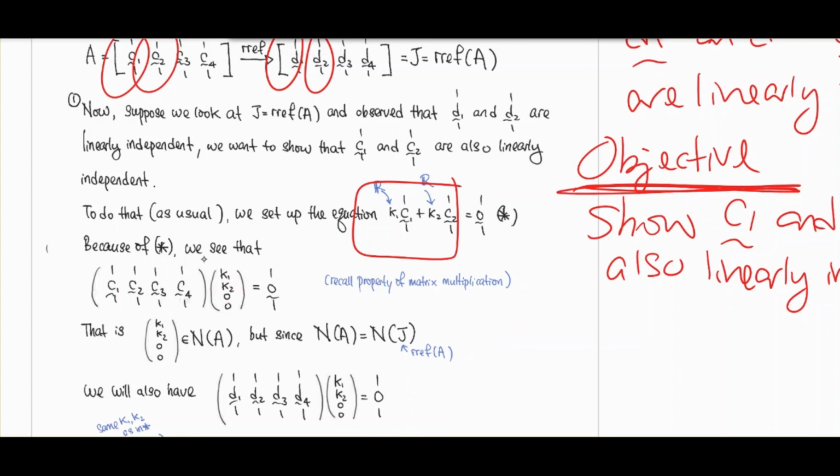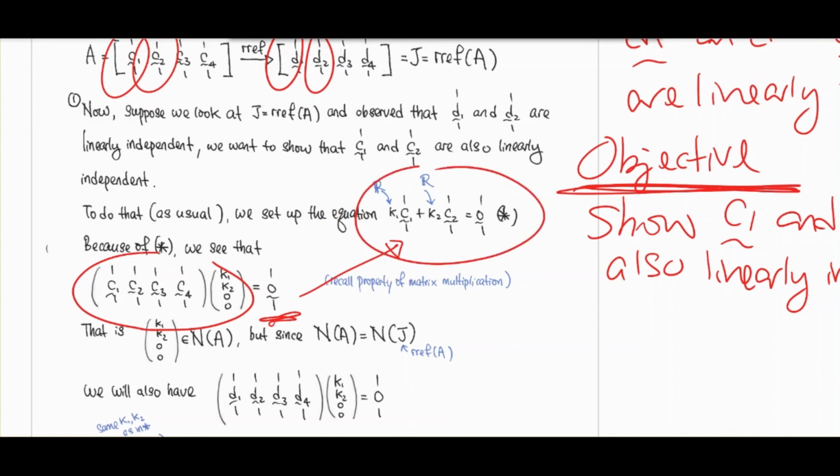So this matrix multiplication equal to 0 is a direct consequence of this system. If I want to write this system in matrix form, I will write it like this. And why do I want to include C3 and C4? Because I want this entire matrix here to be your original matrix A. So you can see this is nothing but your original matrix A.